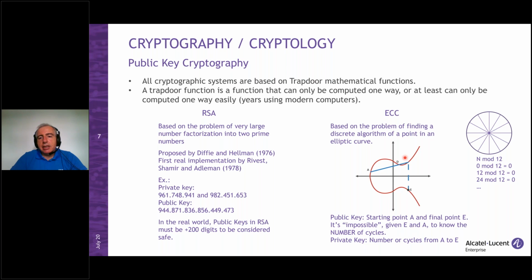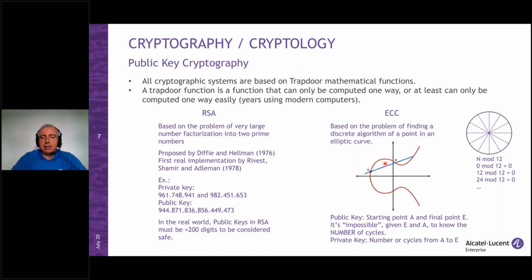And this is based on the complexity of the discrete logarithm. So if you want to compute back, you need to extract the logarithm for this sequence that we are seeing here, and computationally speaking it is very expensive.